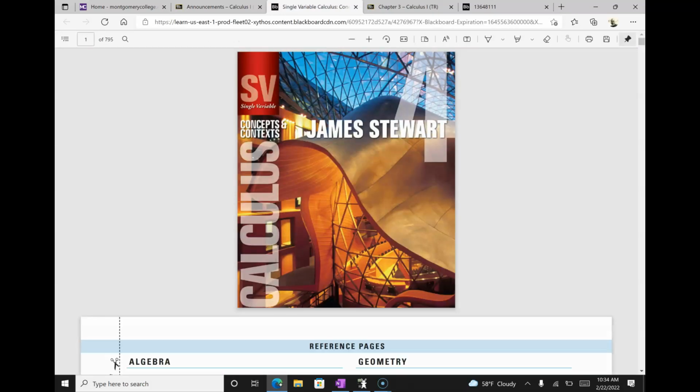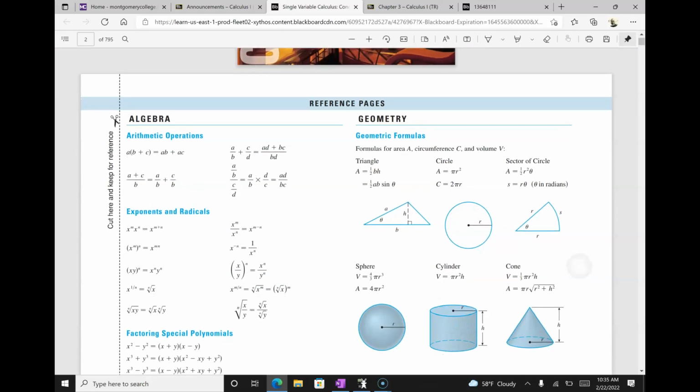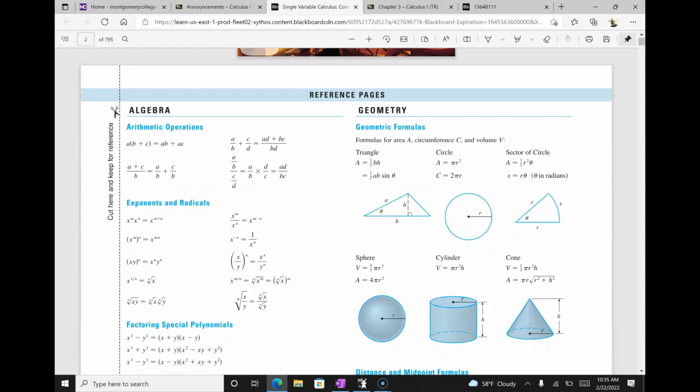I like the way it opens here. You can see every page of the book. So there's that front blue page that should almost all be on your formula sheet unless you know them, right? And then I think we're almost through page 5 of the back reference pages.